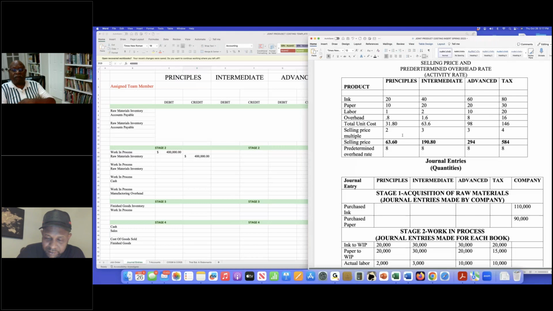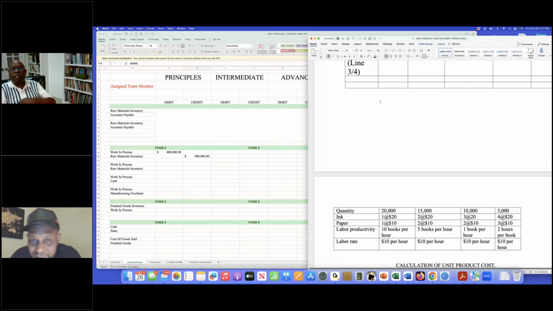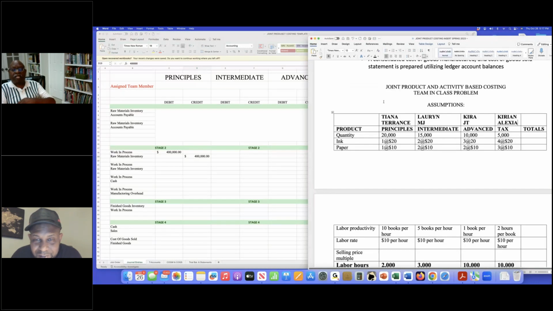Okay, gotcha. Yeah, that's the numbers I was talking about. The paper is selling at 10, but the ink is selling for 20.